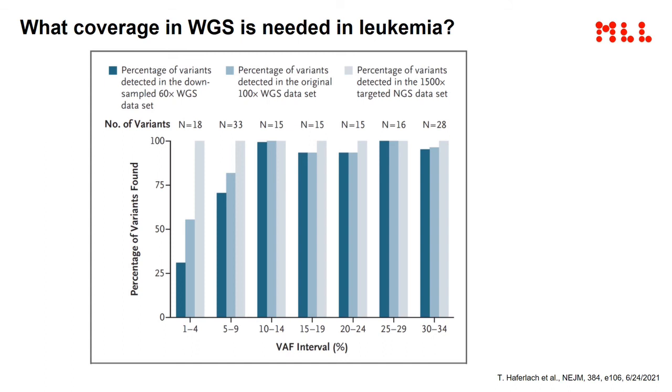However, if we go below a variant allele frequency of 10%, then we will miss, in comparison to the targeted panel sequencing with a very high coverage, some information in the 100x, and even more in the 60x coverage of a genome, and 60x was used by the colleagues of Washington University. So there is some discussion still needed about what the final coverage for a genome will be.